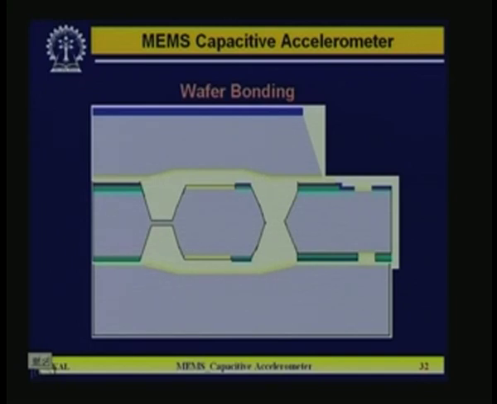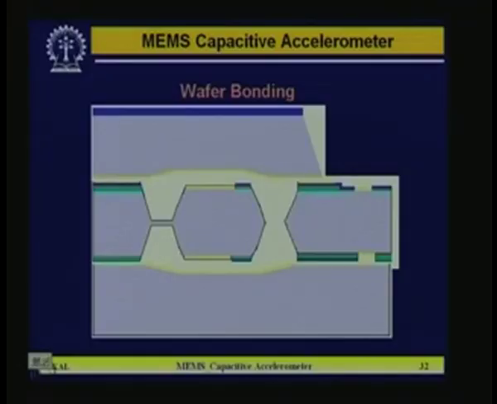Because the C1 and C2 capacitance structure, top and bottom, will help in elimination of any parasitic or noise pickup, since you are interested in the differential capacitance, delta C, C1 minus C2, that is proportional to G. That variation with G is what we are interested in.